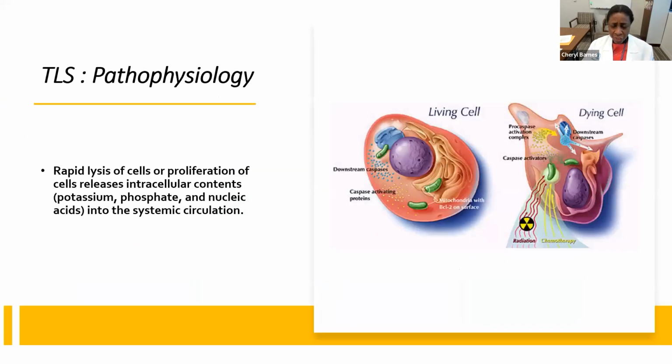So the pathophysiology, as you can see, shows a living cell and a dying cell. The rapid lysis of the cell releases intracellular contents. What it releases is potassium, phosphate, and nucleic acid into the systemic circulation, and that's what causes the problem.